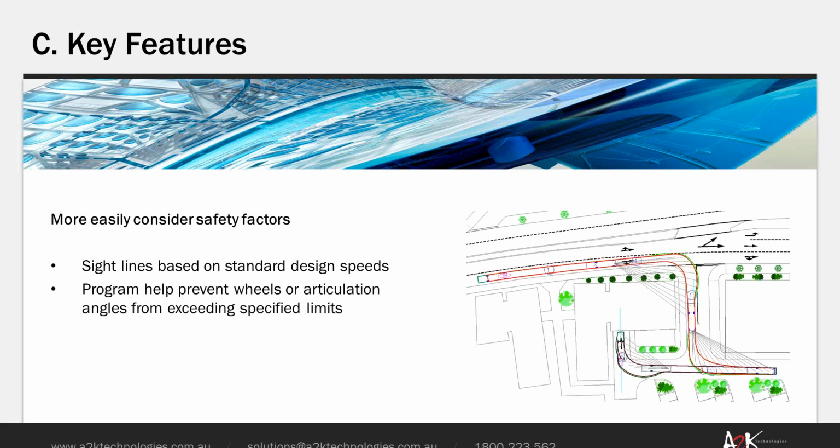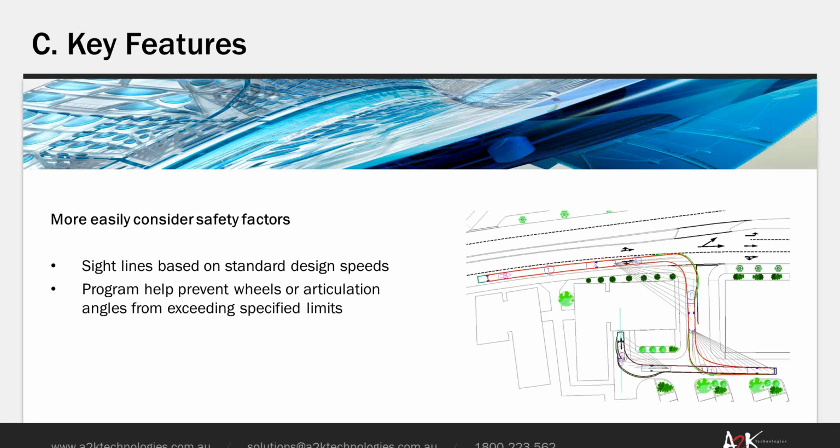One of the other cool things is that because it's a vehicle and you specify your steering angles and also your articulation angles for your semi-trailers and things like that, there's a steering diagram that will tell you when you're starting to exceed those specified limits, and then you can go back through and determine where that is, and make the necessary adjustments.